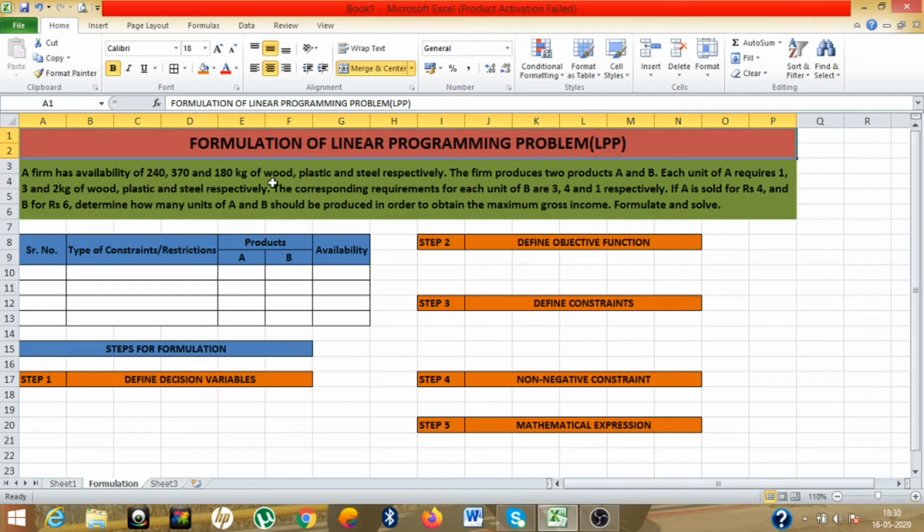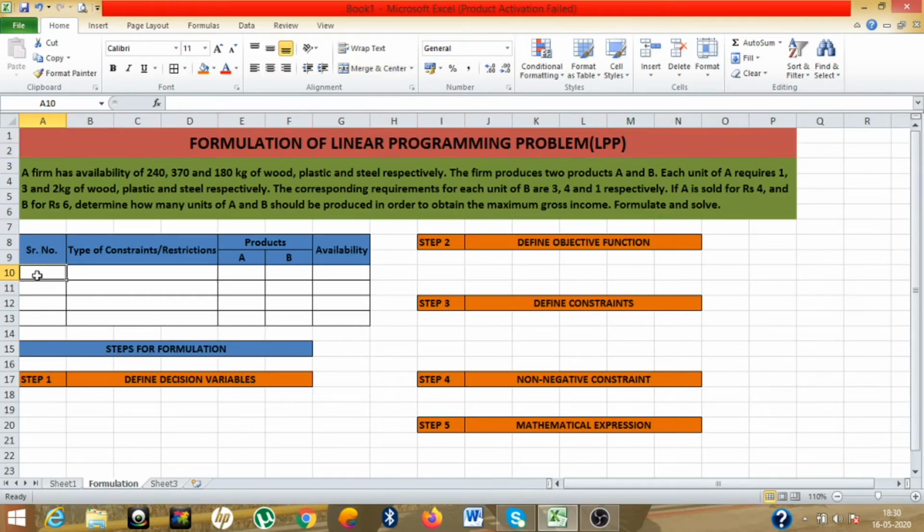So to make best use of these three resources, we can make products A and B to gain maximum profit. First of all we will see how to make the table.